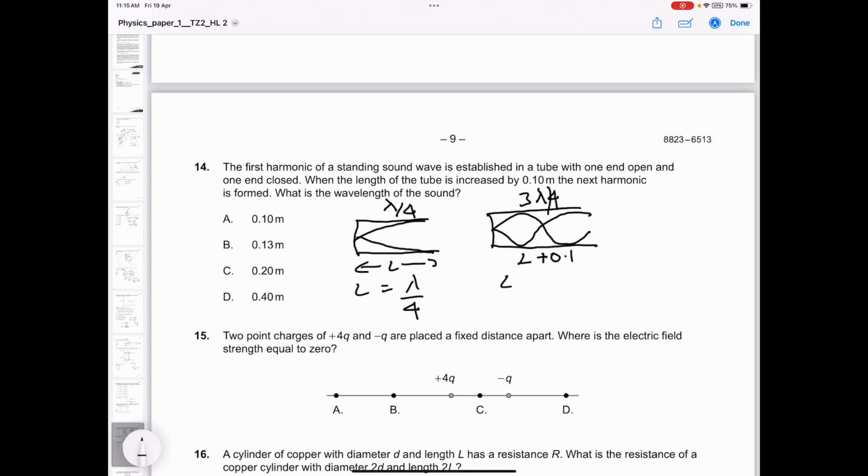So we can say L plus 0.1 is equal to 3 lambda over 4. But we know L is lambda over 4. Therefore we can say lambda over 4 plus 0.1 is equal to 3 lambda over 4. Therefore 0.1 is equal to 2 lambda over 4, or lambda over 2. Therefore lambda is equal to 0.2. The answer for number 14 is C.